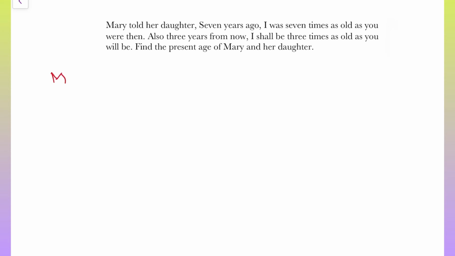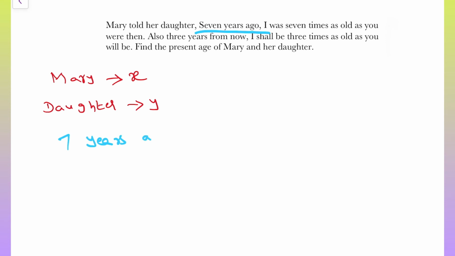Let the present age of Mary be x years and the present age of her daughter be y years. Okay, this is present age. Then what is he speaking? 7 years ago. What will be the age of Mary then? Mary's present age is x, then 7 years ago, x minus 7. Daughter age is y, then 7 years ago, y minus 7.